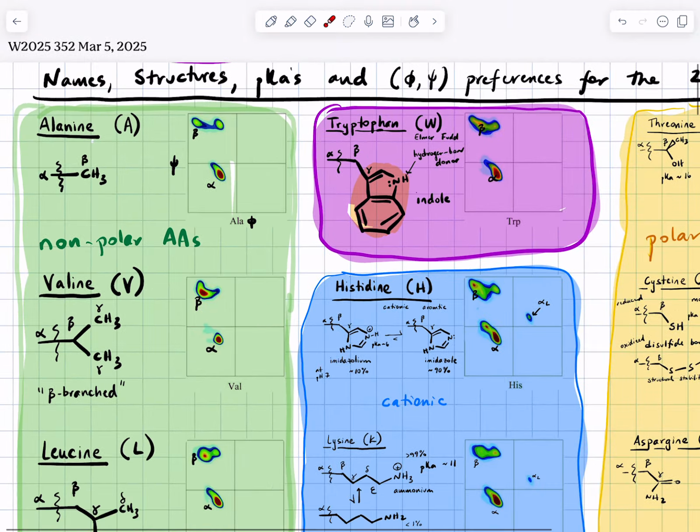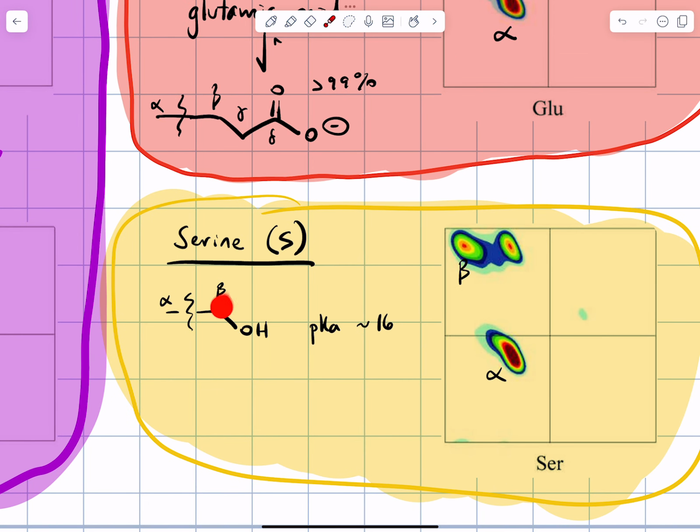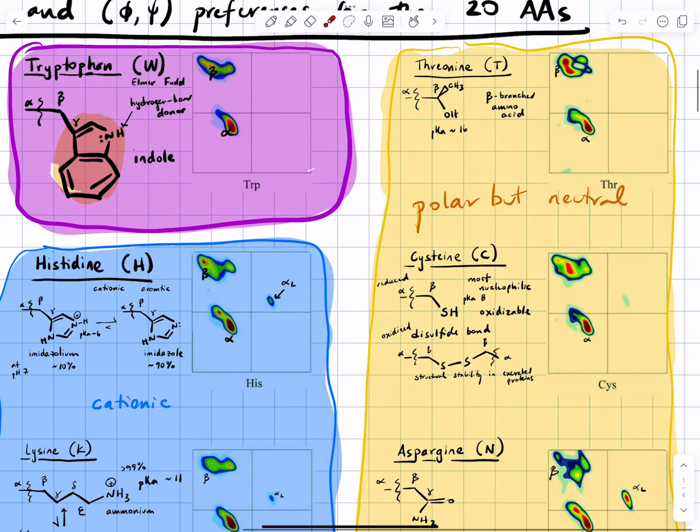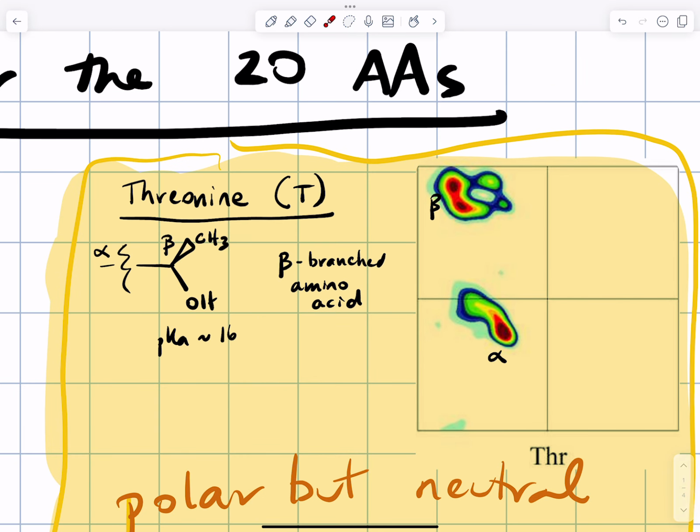I think I pointed out you see a similar thing if you look at the amino acid serine, pretty comfortable in an alpha helix, a little bit more comfortable than alanine in a beta sheet. But if you now add a branching methyl group on the beta carbon, you get the amino acid threonine, and it is much more comfortable than serine in a beta sheet.